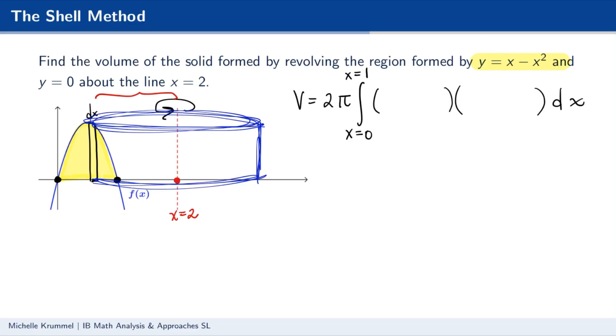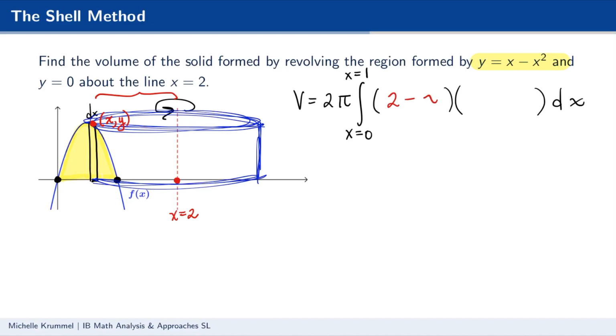So the right x value is 2. The left x value, what is this left x value? Well, if this is the point on the curve x comma y, that x value is just in general x. Okay, so a little bit tricky, but if you just think of it as right minus left, it's pretty easy to get it right on your first try. So right minus left is going to be 2 minus x.